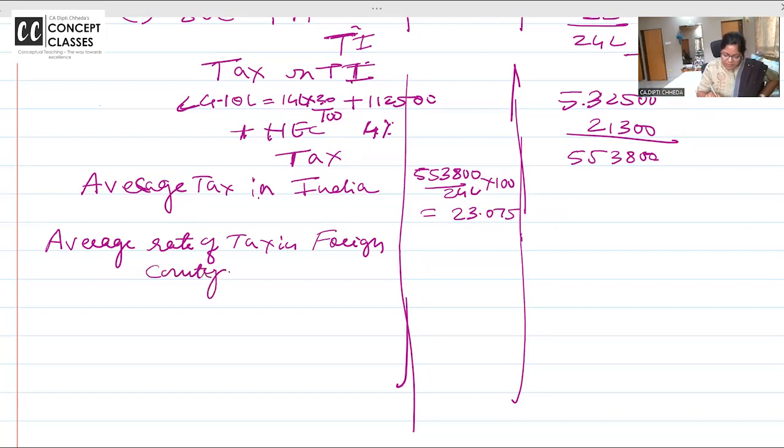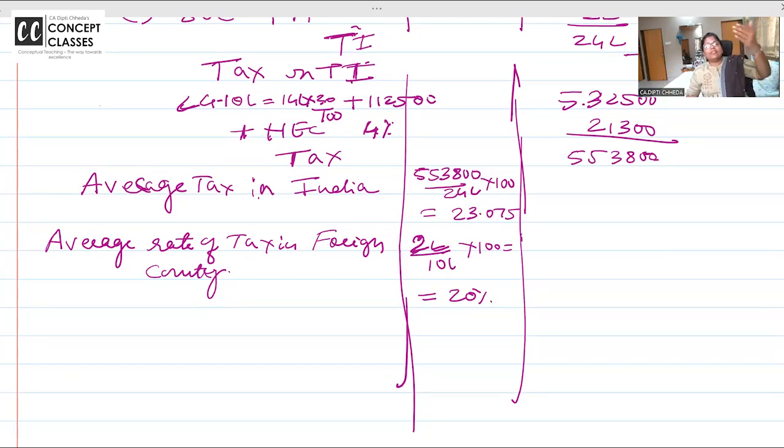How much tax have you already paid in the foreign country? 2 lakhs. On how much income? 2 lakhs by 10 lakhs. So that is 20%.